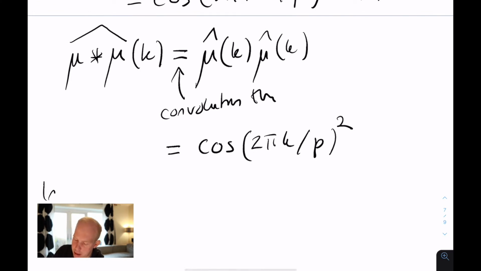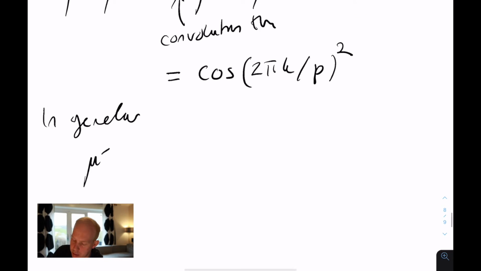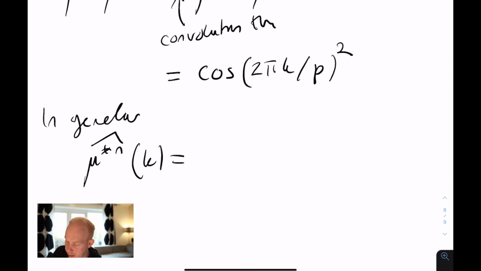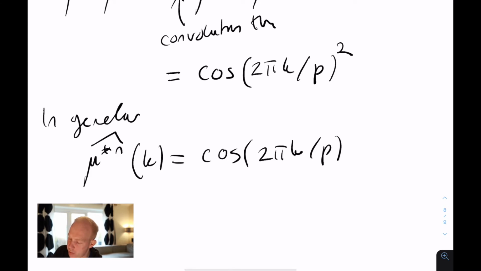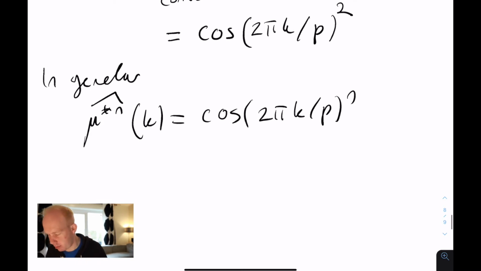And in general, if you take the iterated convolution n times, which defines the long-term asymptotics of the random walk, then at the point k it's just cosine of 2 pi k over p to the power n. The usefulness of this is that you are fixing k and fixing n.